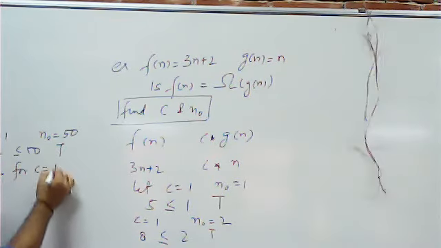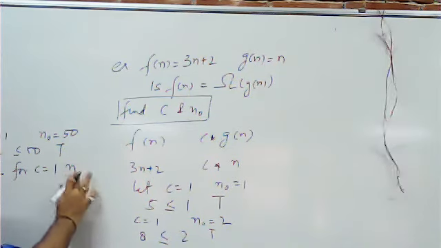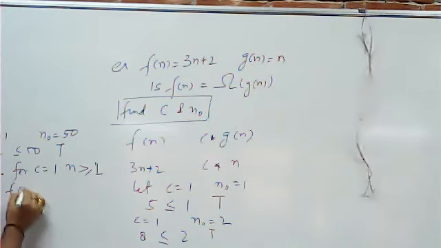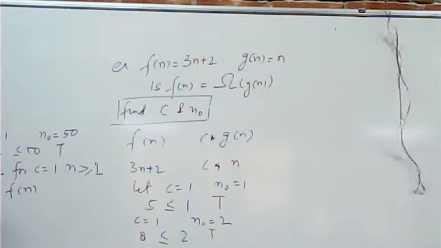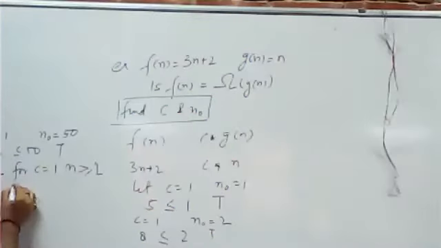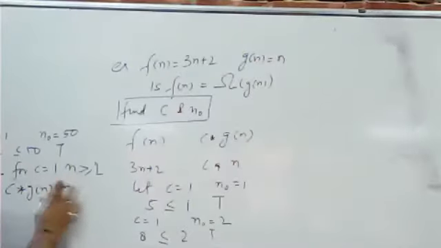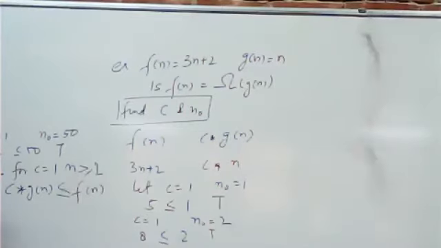Therefore, for C equal to 1 and n greater than or equal to 1, C into Gn is always less than or equal to Fn.